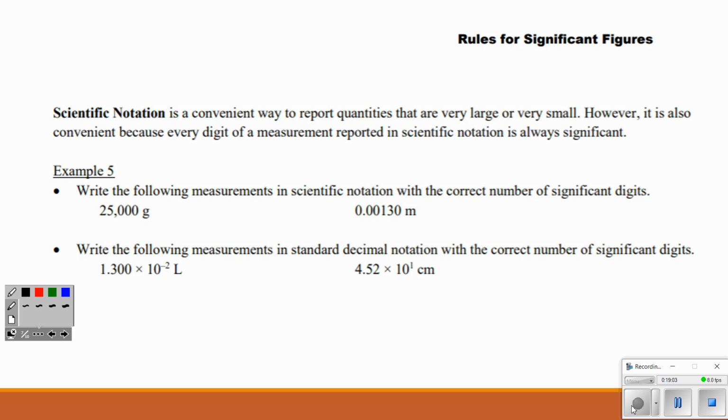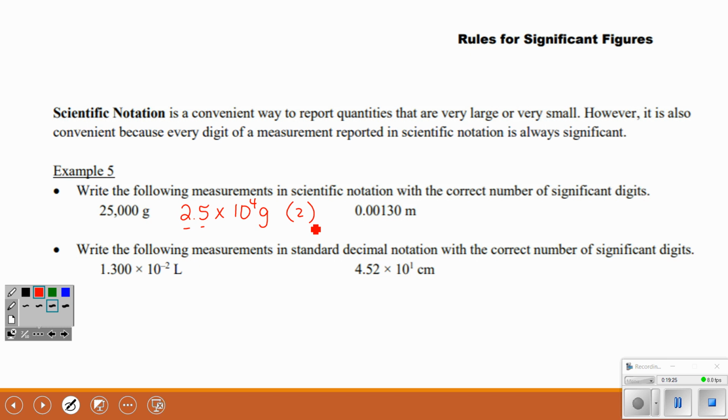When you put a number into scientific notation, what is displayed at the beginning are all of your significant figures. So you would write this as 2.5 times 10 to the 4th. This has 2 significant figures.